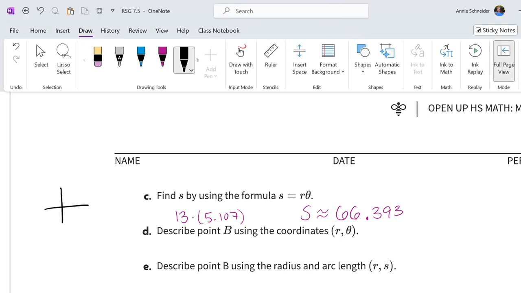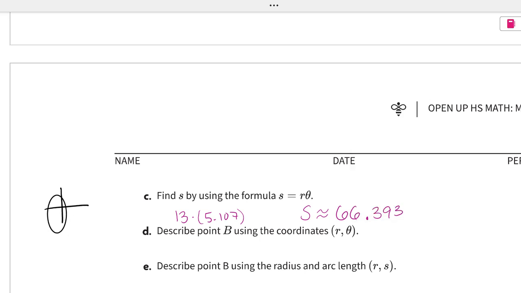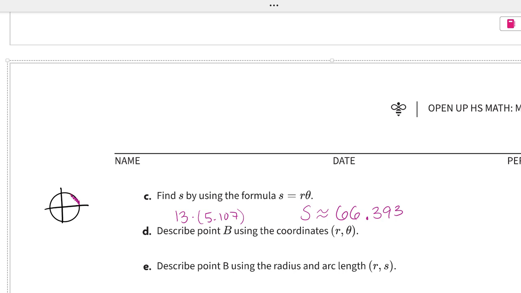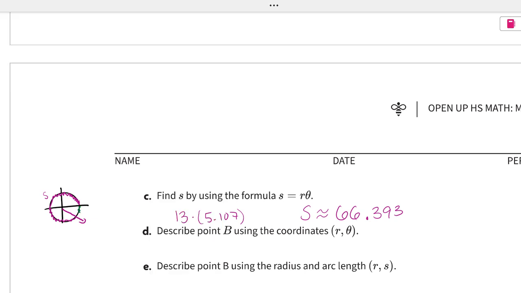So essentially, what I just found here, let me draw it off to the side. For question C, let's draw a little circle. Not my best circle, that's okay. What we just found is this length here. We found this as S. If we use 13 times negative 1.176, that's the arc length we find.